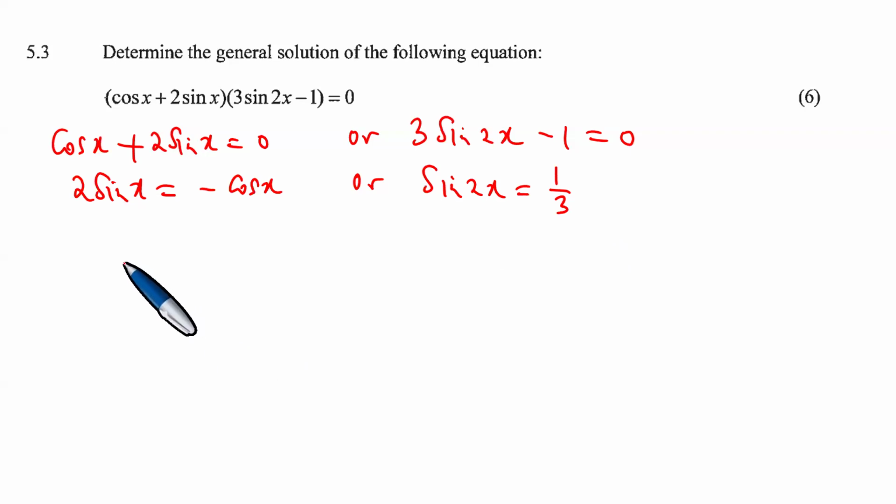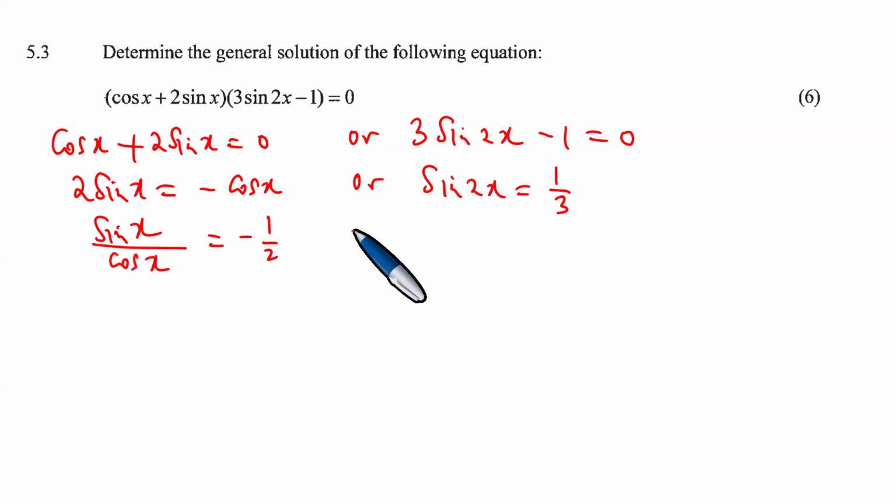We perform a simplification. If you divide by the cosine, we get sine x divided by cosine x, which equals minus 1/2, or the sine of 2x equals 1/3. We divide by the cosine, and we also divide by the 2.